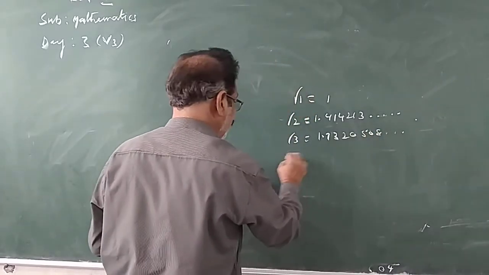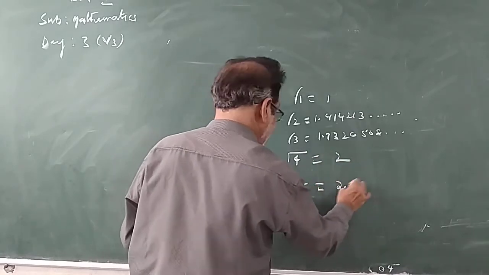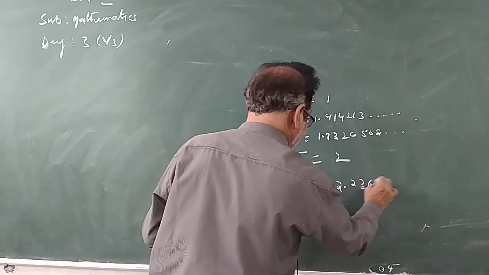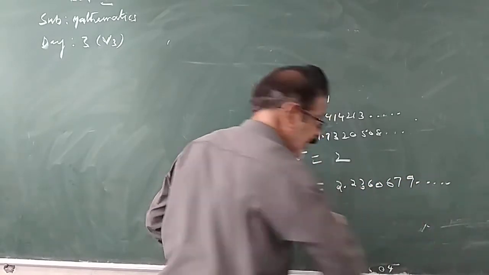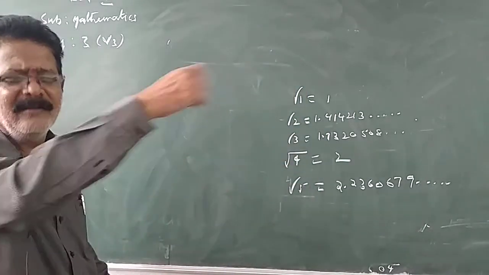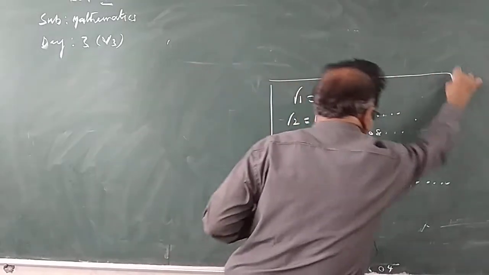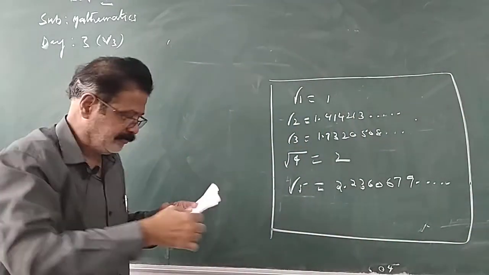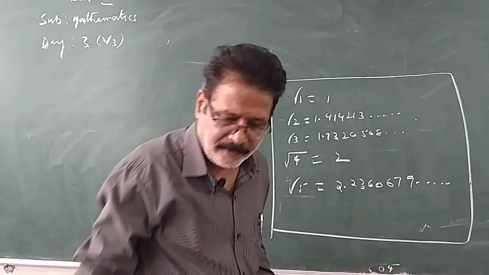Root 4, you know that the square root of 4 is 2. Root 5 equal to 2.2360679 and so on. You can write like this: root 6, root 7, root 8, root 9, root 10, root 11 and so on. You can show it by table also like this. After that, now let us know about pi.